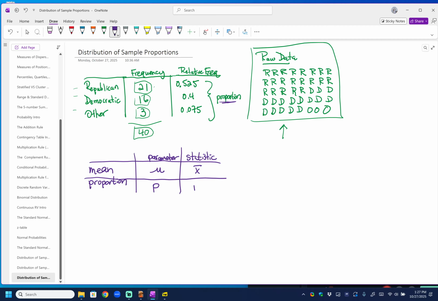That will be called P hat. Note that P hat is defined very simply as x over n, where n is the sample size and x is the number having a certain characteristic.